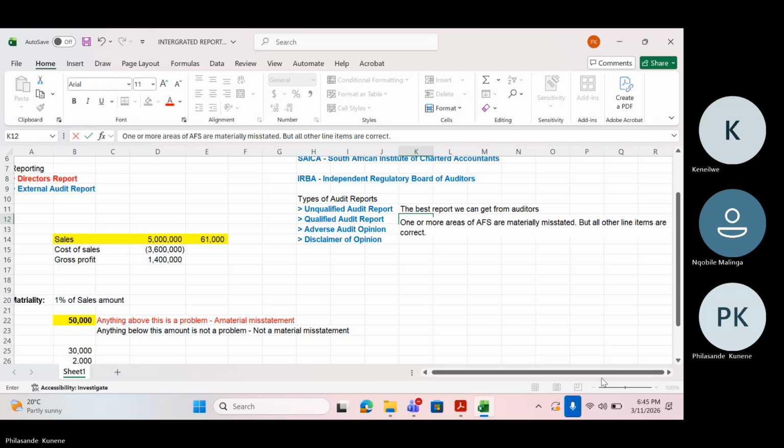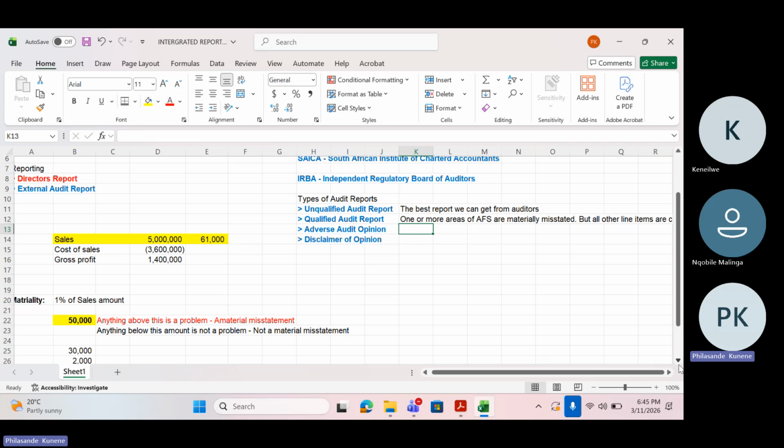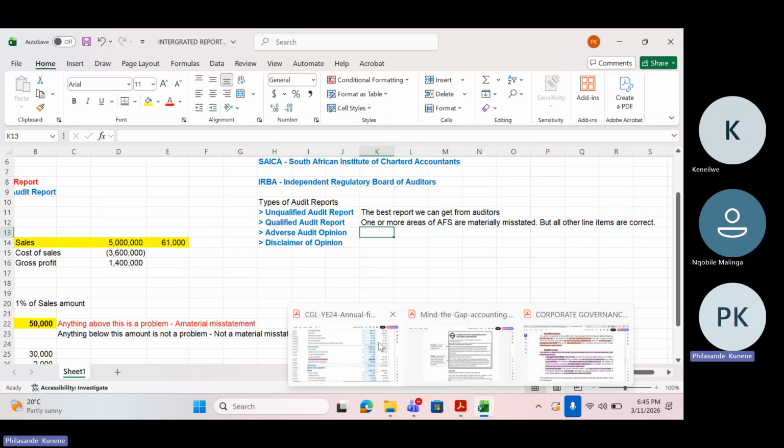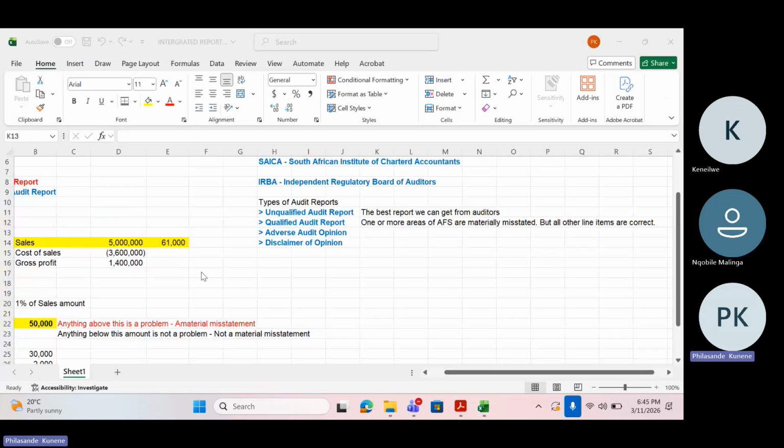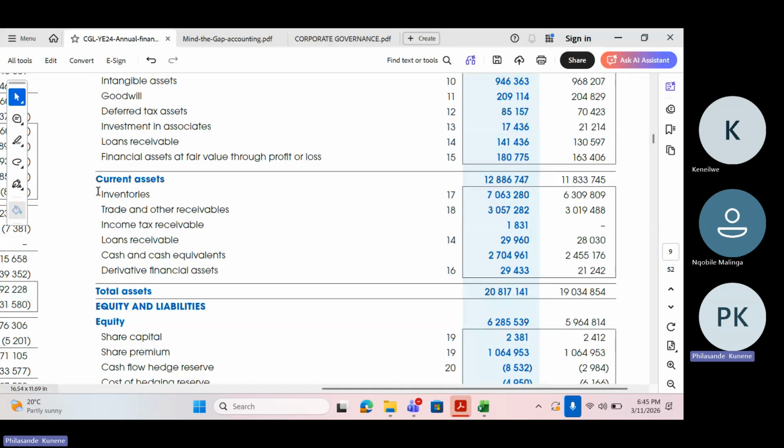It's just those few line items. If I'm happy with everything in the financial statements except inventories, you see here how much inventory they have. They have 7 million and 63,280.